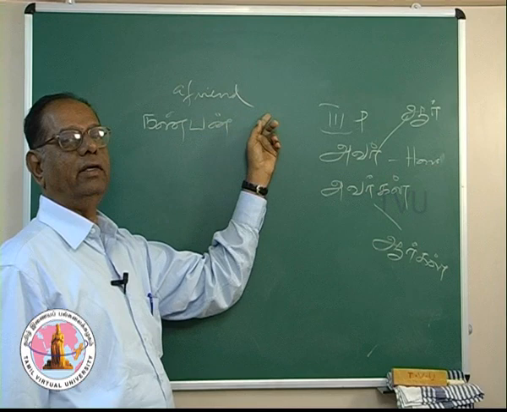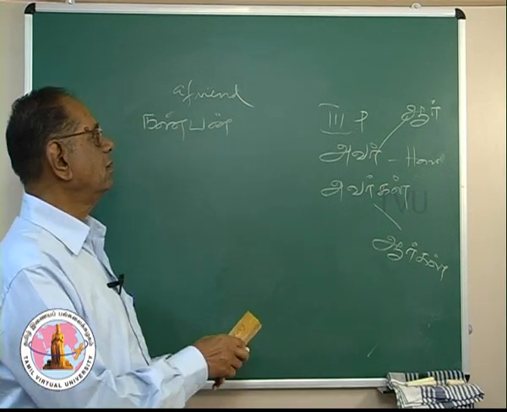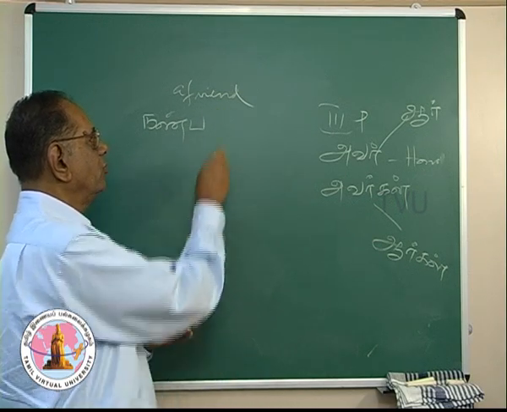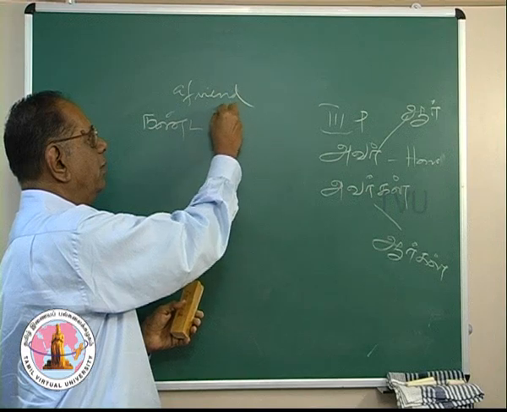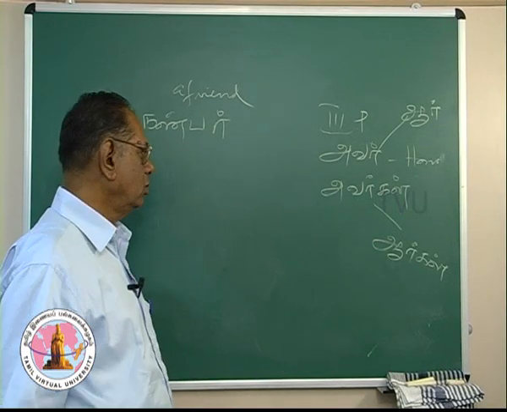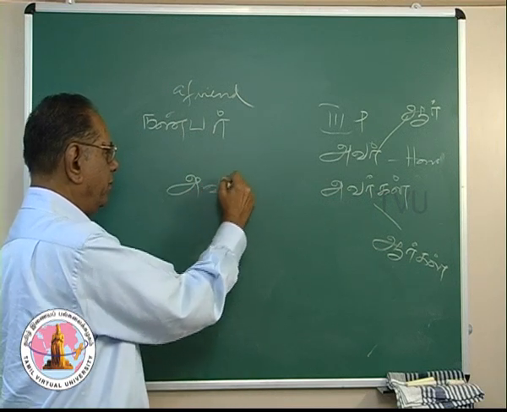Nanban means a friend. Suppose I want to give him due respect. What will happen? This becomes nanbar. Though it's a repetition, I would like to recapitulate what I did last time.